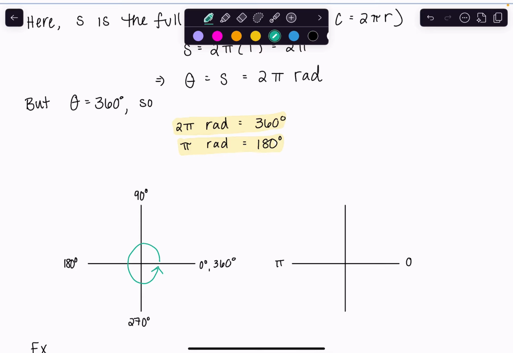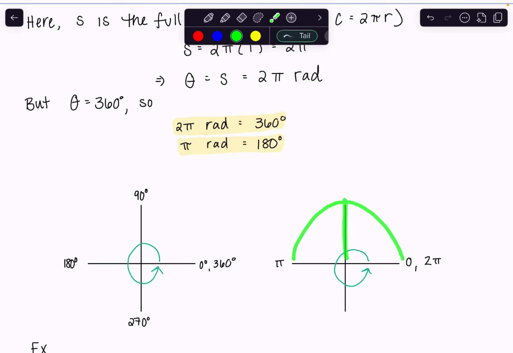And then if I go all the way around, I land back at 2 pi, because 2 pi is equal to 360. So this 90 degree is halfway in between 0 and pi.